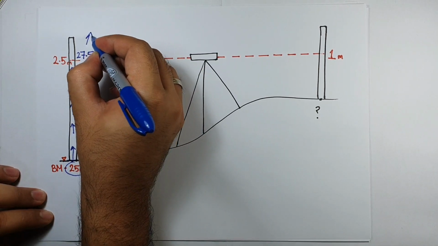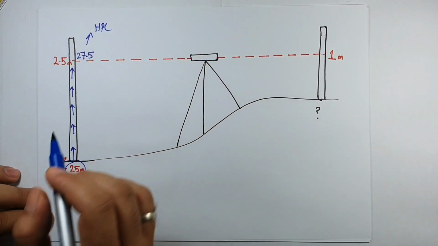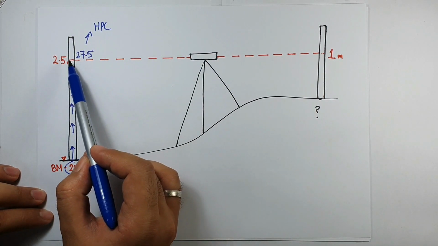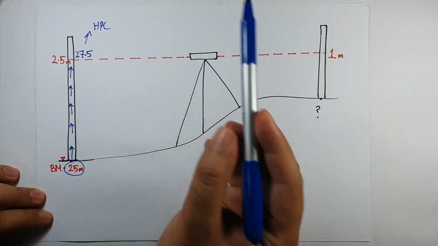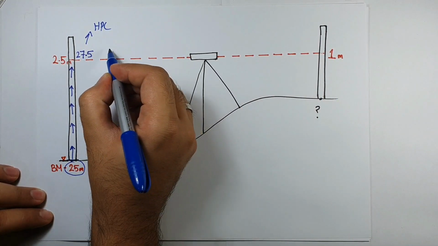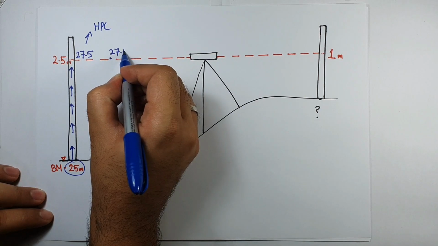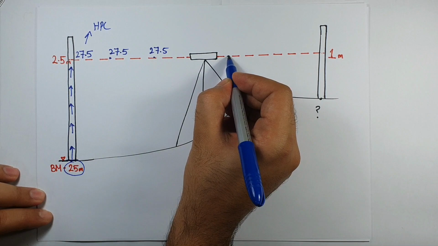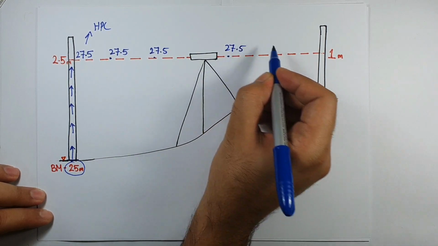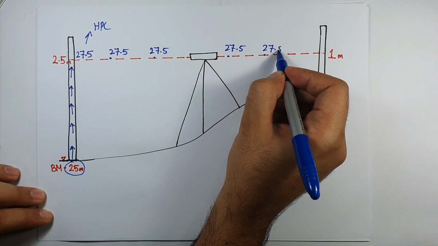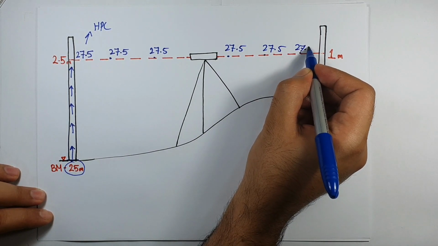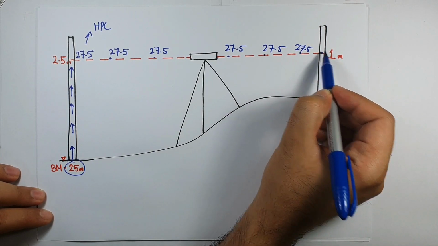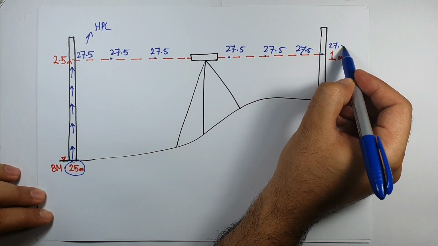This value is the value of HPC, because the leveling device gives us a fit horizontal line. Every point on this line will be considered as 27.5. So here also we'll be having 27.5, here 27.5, because this line is fit horizontal. When I reach here, this point as well is 27.5.